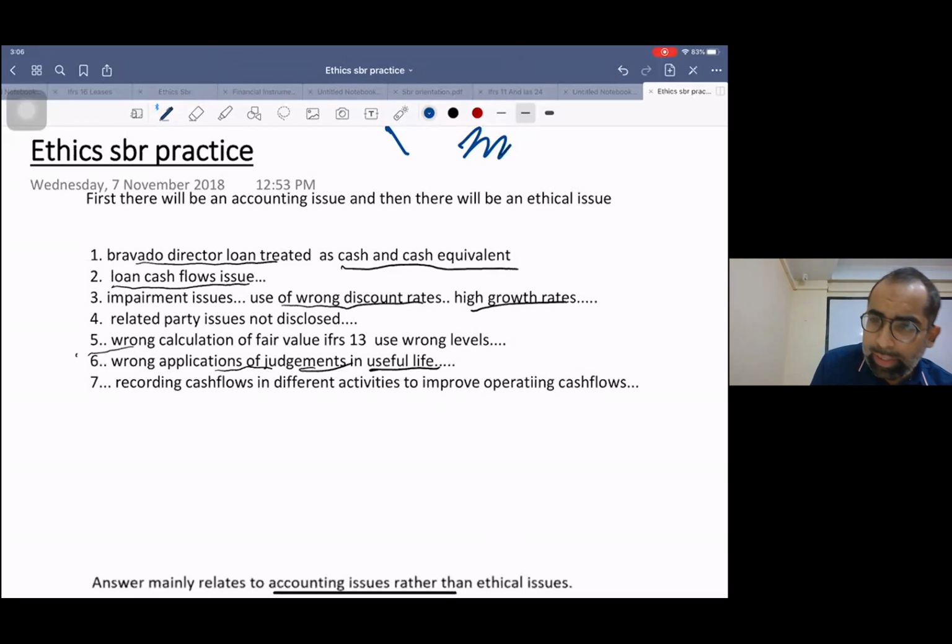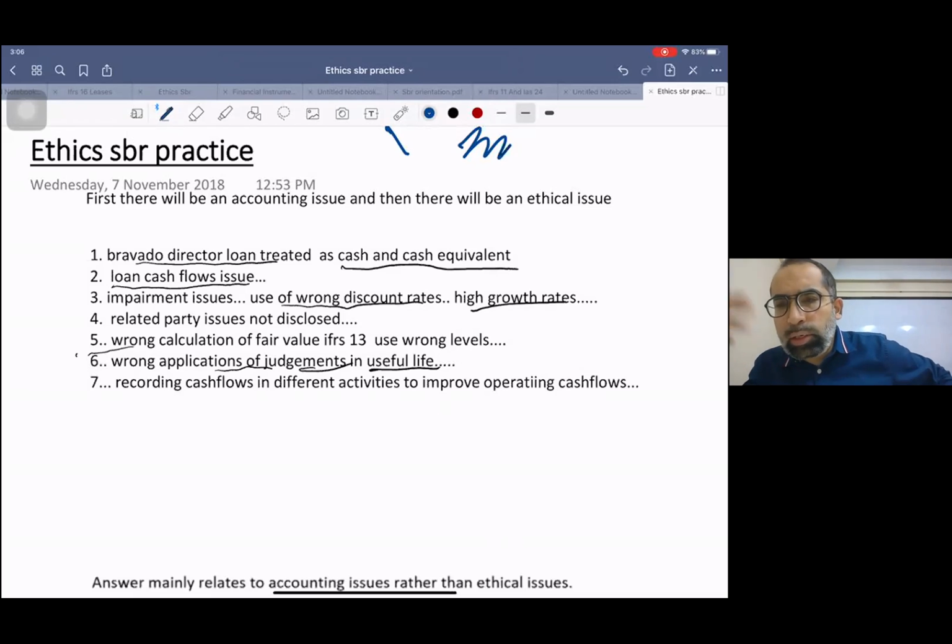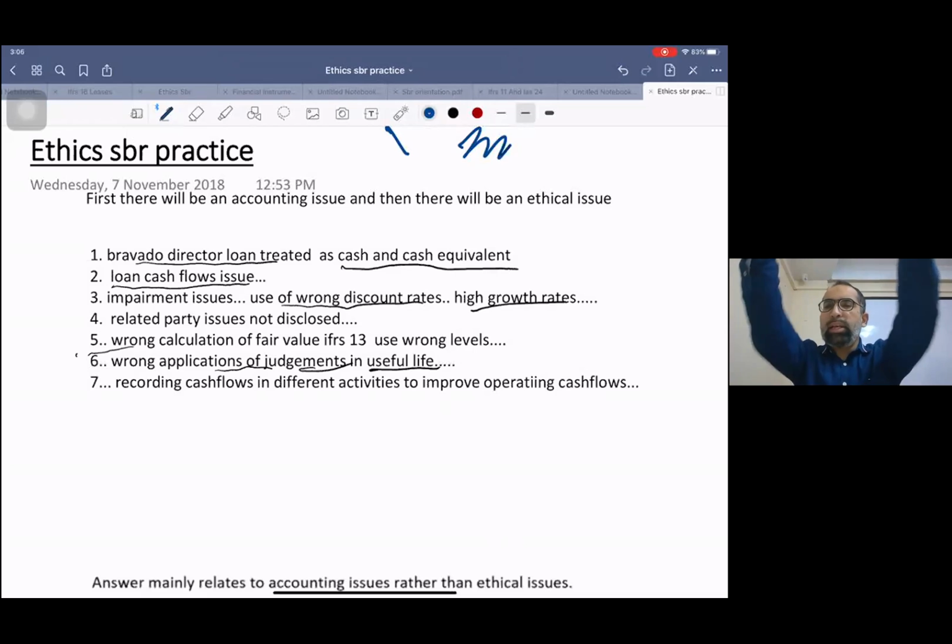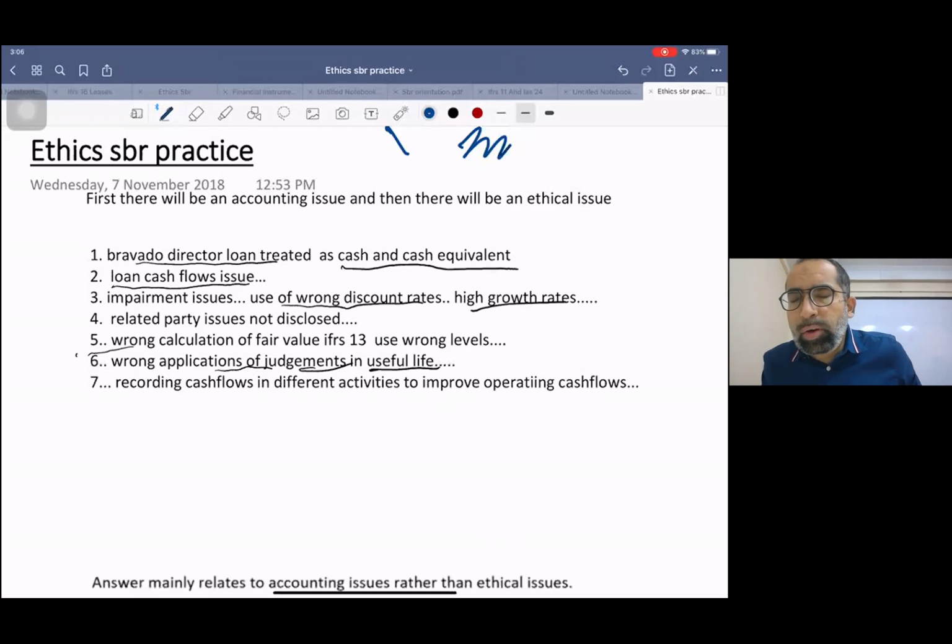For example, you got some impairment hint, and now you need to do impairment testing. How do you do impairment testing? By calculating the recoverable amount. And how is recoverable amount calculated? Higher of fair value less cost to sell and value in use. And how is value in use calculated? Present value of future cash flows.